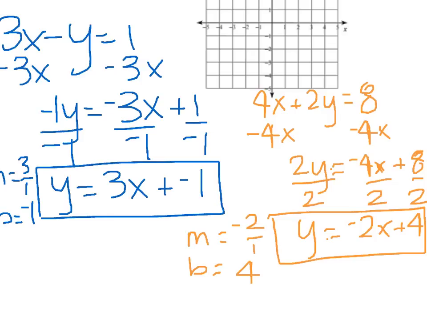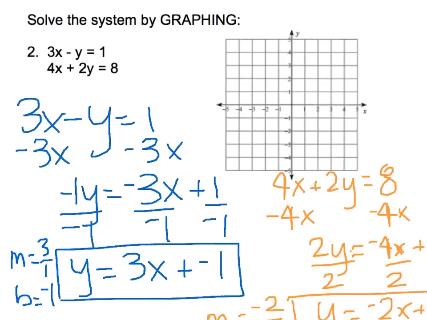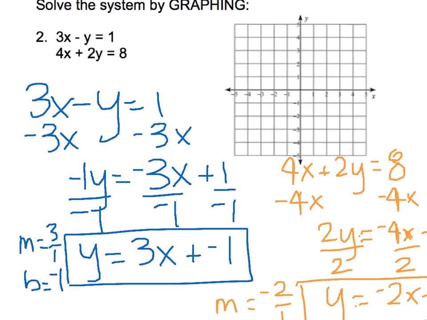Okay, so what I'm going to do now is go back to my graph, and I'm going to plot the first equation, excuse me. So in my first equation, my y-intercept was negative 1, and my slope was 3. So I'm going to find negative 1 on my graph, which is right here, and I'm going to use my slope of 3 to go up 3 and right 1.